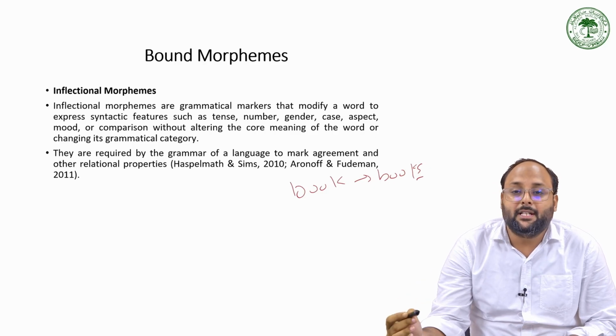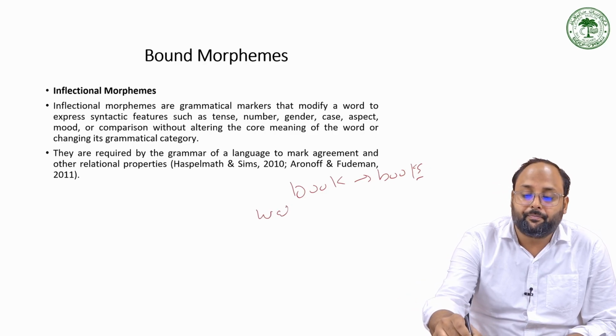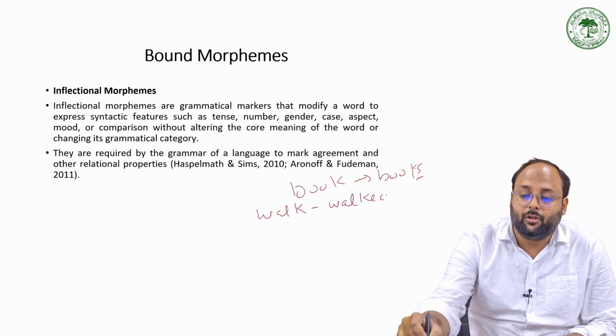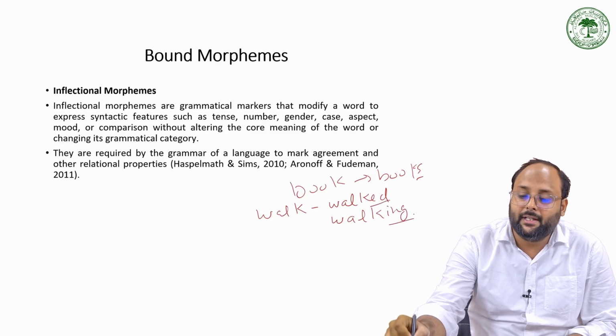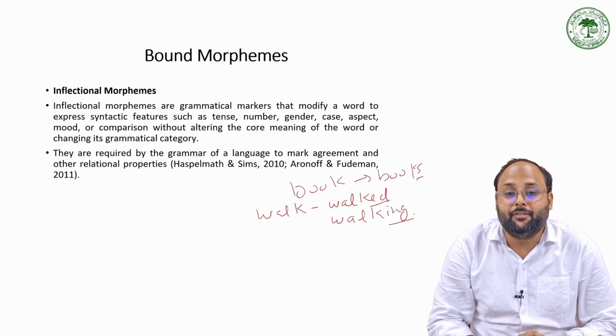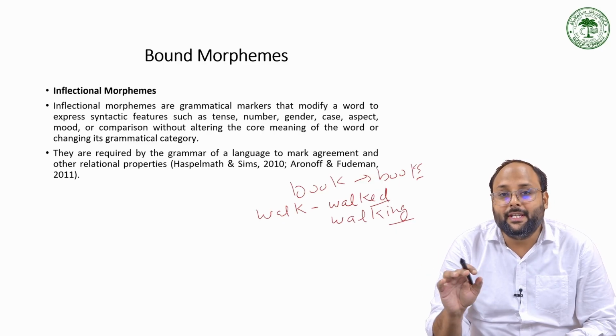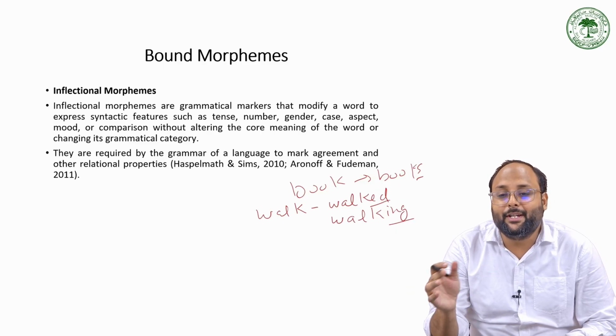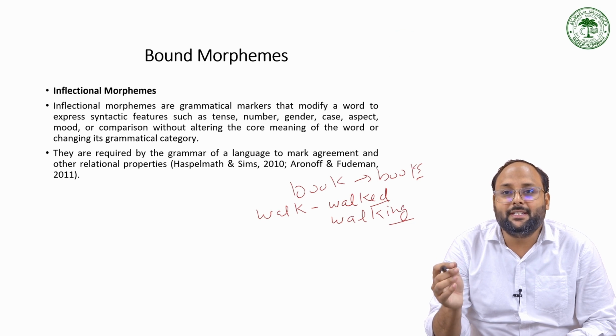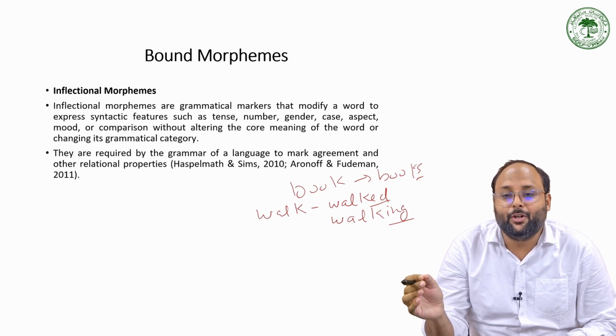And we have the example walk. So walk can be changed into walked or walking. So here ED and ING are inflectional suffixes. So these inflectional suffixes do not change the meaning or create new words, but just change some grammatical information of the words.